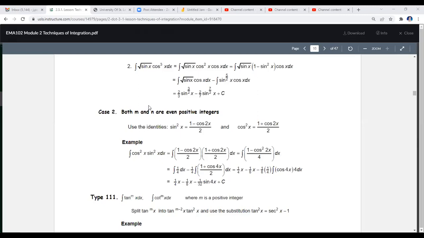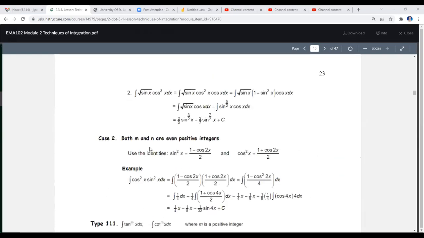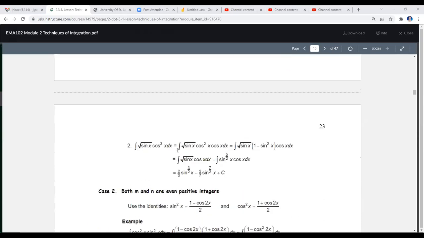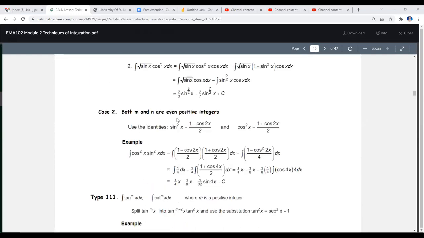Type 1, case 2 is when your sine function or your cosine function is raised to a positive even integer. Since you have both the sine and the cosine in type 2, both of these m and n exponents of the sine and cosine are even, whereas in case 1, either is odd. In here both are even.